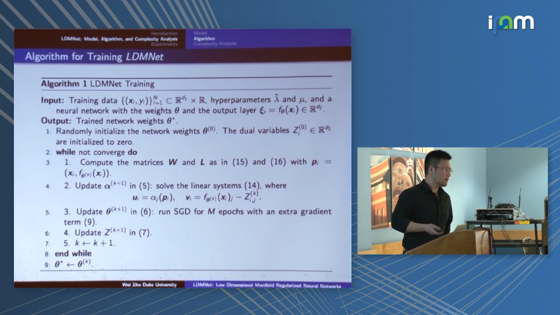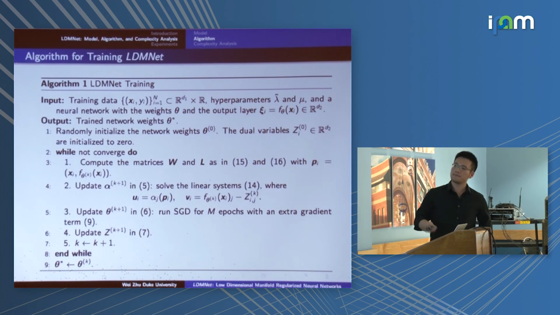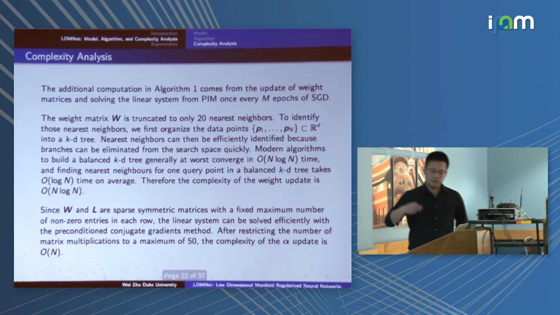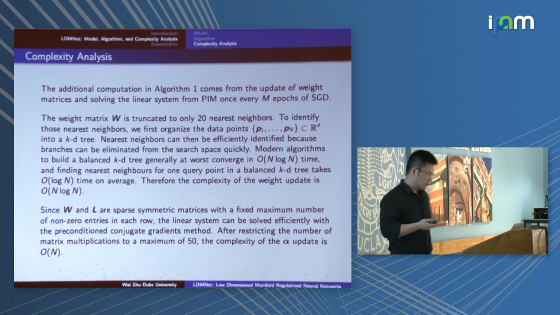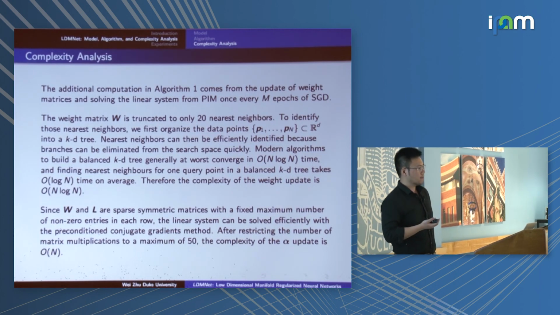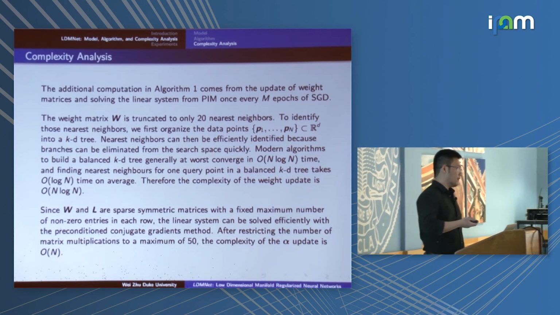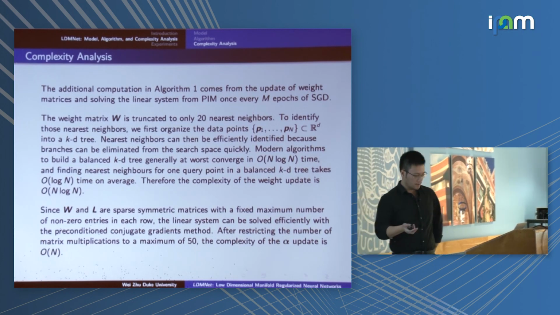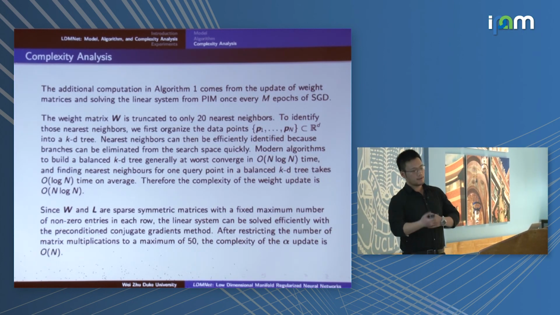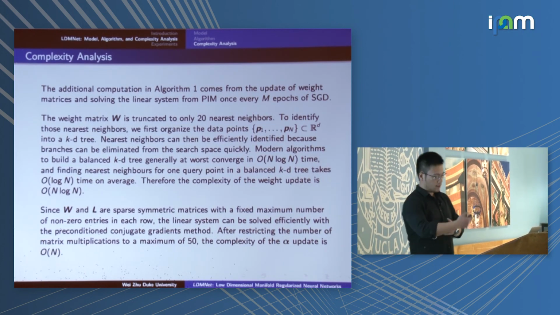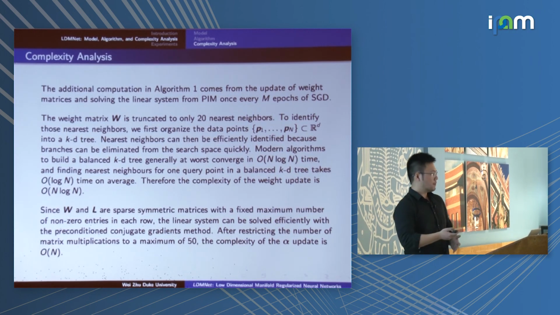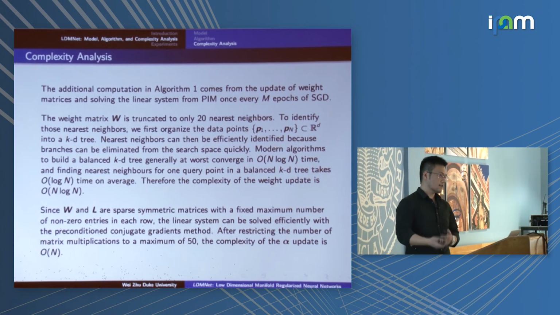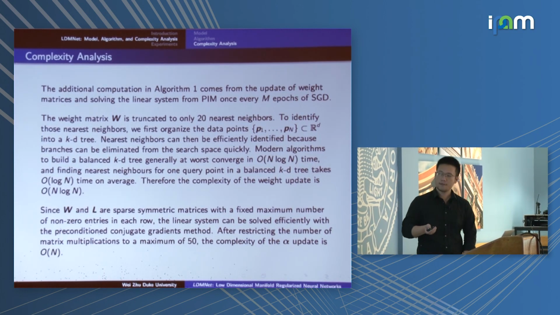Now we want to do some complexity analysis of these two steps. When computing the weight, we just construct a sparse weight matrix. In our experiment, we always truncate the weight matrix to 20 nearest neighbors. This can be done by building the data into a KD tree and then doing an approximate nearest neighbor search, with a complexity that is at worst O(n log n).